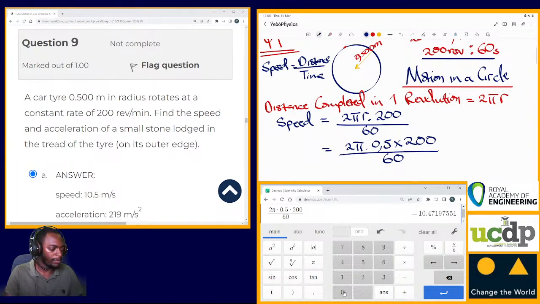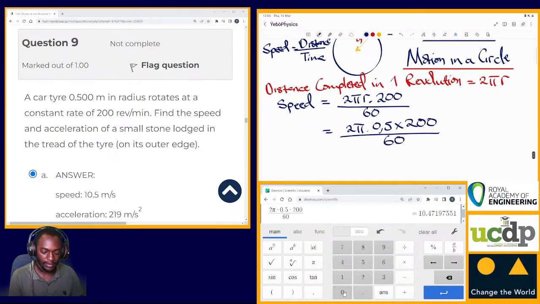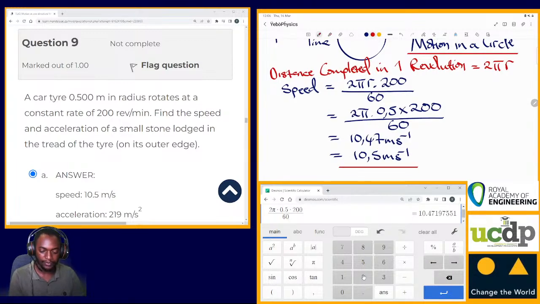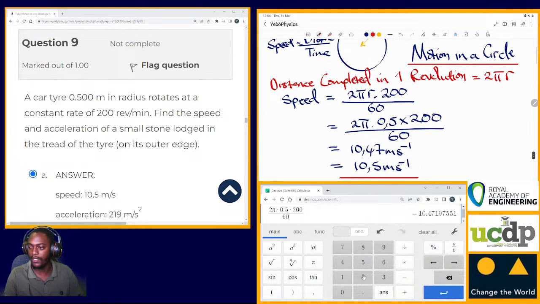That will give us 10.47, a value of 10.47 meters per second. Our answer has been given to 3 significant figures, so that becomes 10.5 meters per second, which is exactly what is required of us.